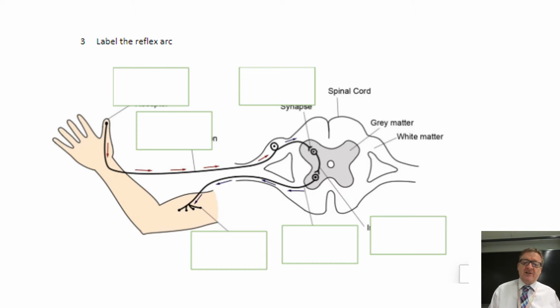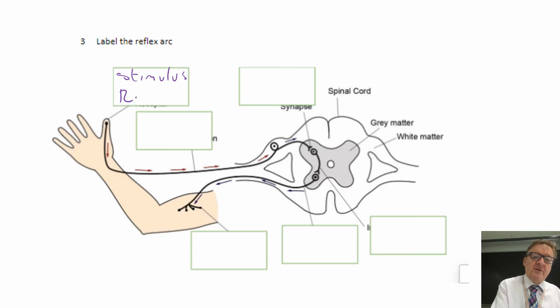Right, the reflex arc. Now there's loads and loads of different diagrams you can get for reflex arc, right? So I've used this one, even though if you Google you can find all sorts. But what you've got to be able to do is know the pattern, the flow diagram. So it starts off over here with the stimulus. Okay, so the stimulus could be a bee, it could be a hot plate hitting your hand, right?